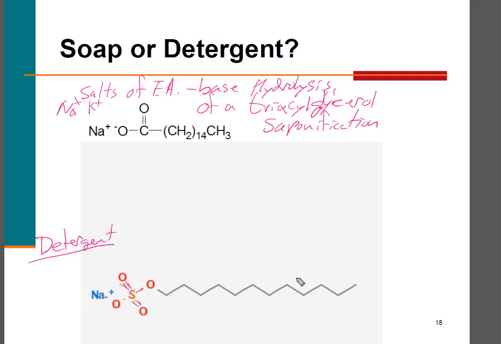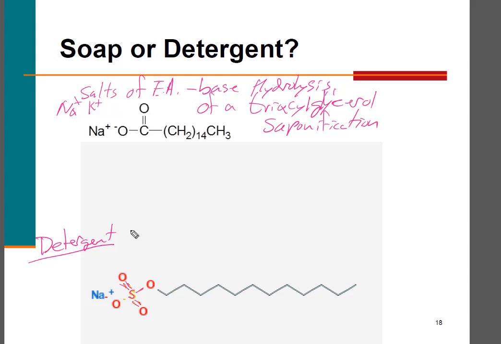We'll talk about how soaps work later, but right now I just want you to notice the similarities. We have a sodium salt and a long hydrophobic tail. Like, 14, 15 carbons? This is actually 1, 2, 3, 4, 5, 6, 7, 8, 9, 10, 11, 12.